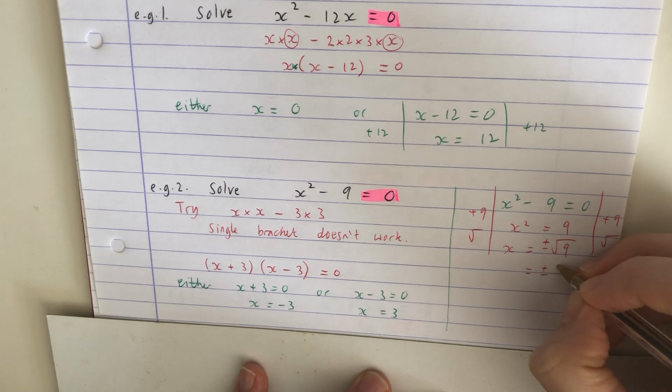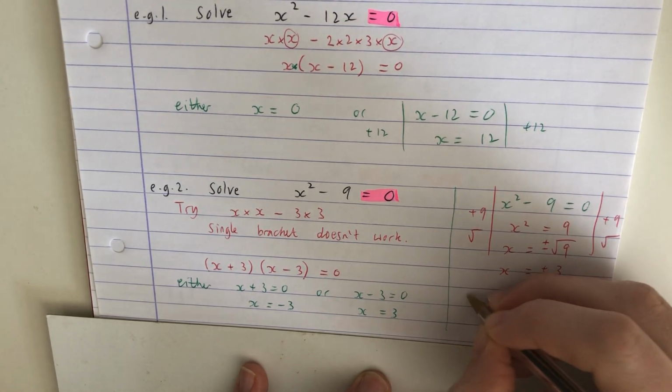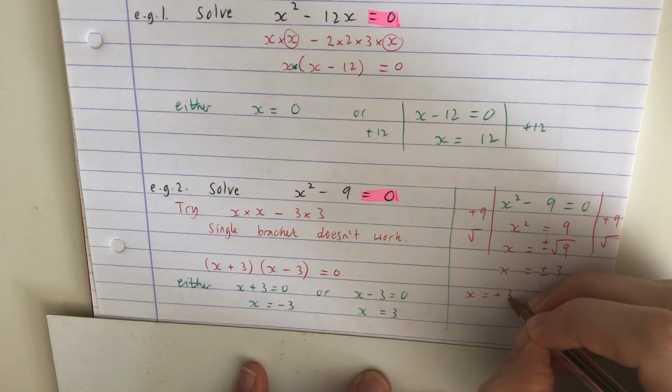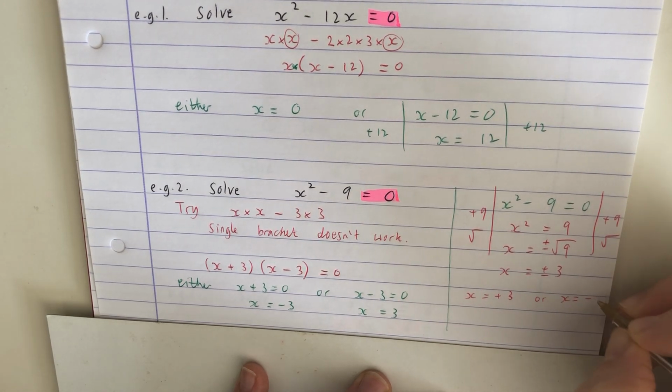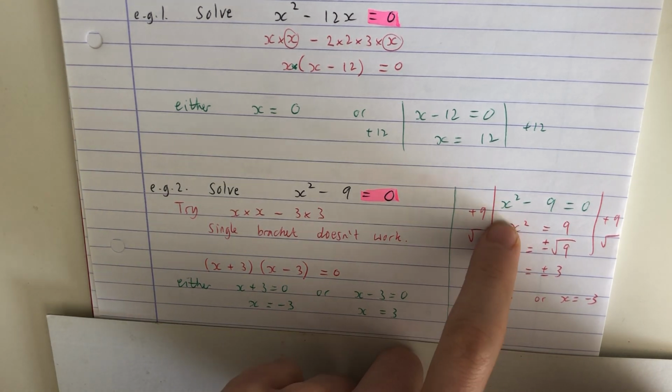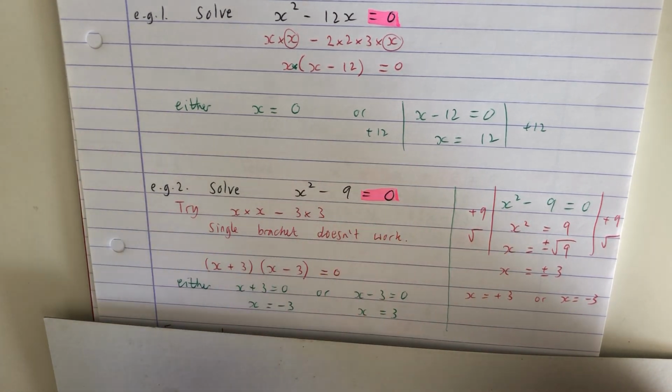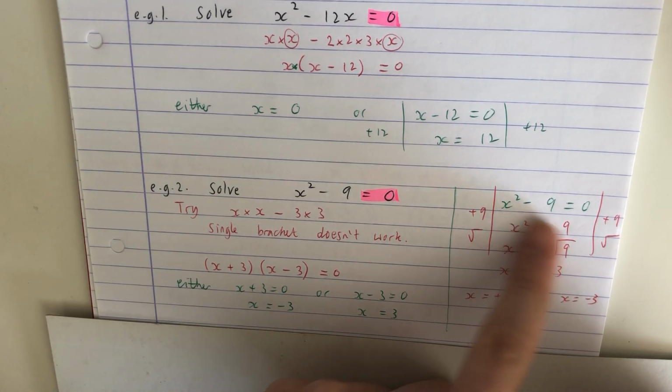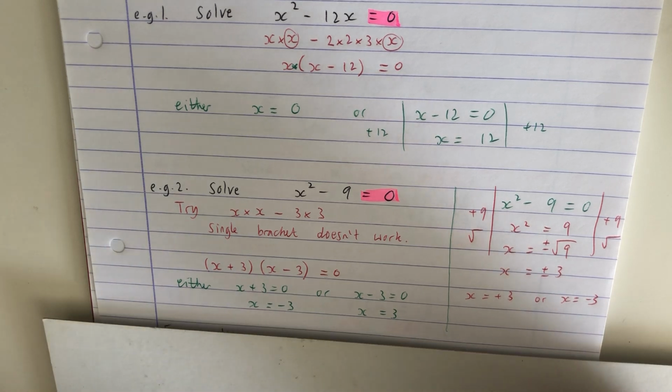So you get plus or minus 3. x equals plus 3 or x equals minus 3. And then that matches up with the answer I got on the left. So if you do it this way, it only works for this special case. You get the same answers, but you might forget one of the solutions.